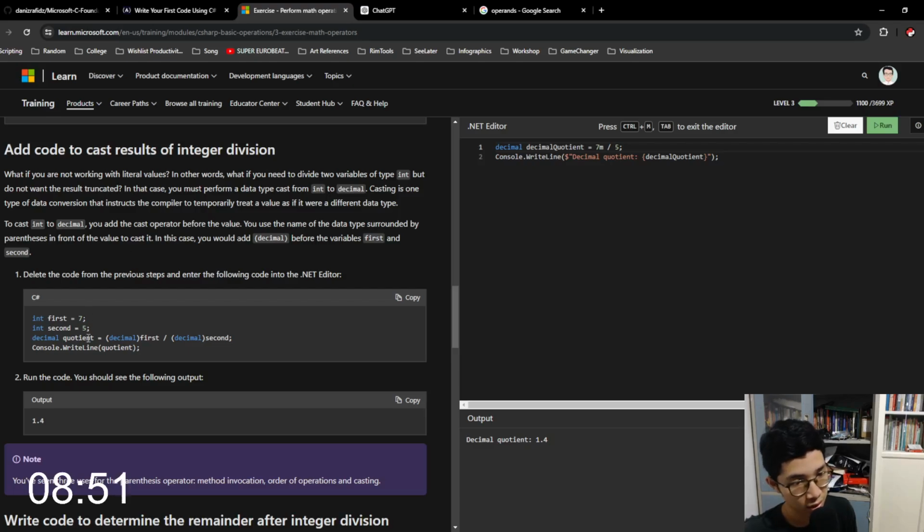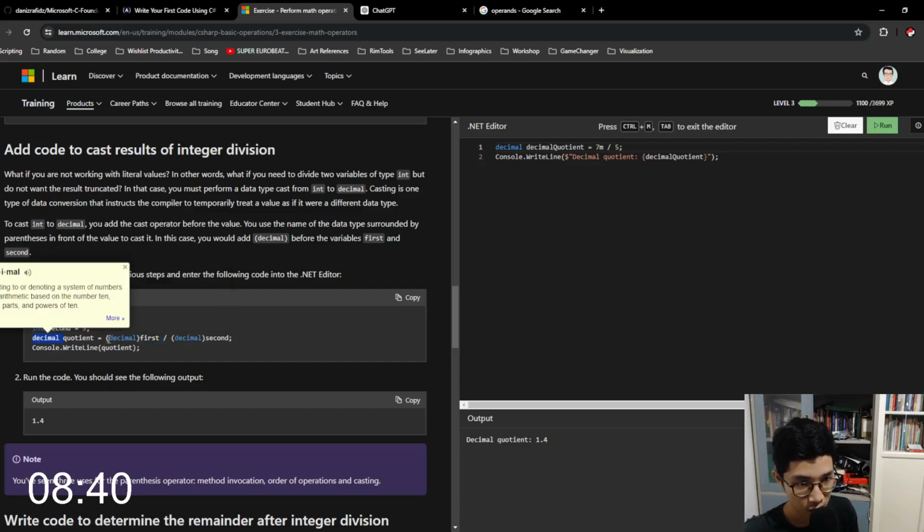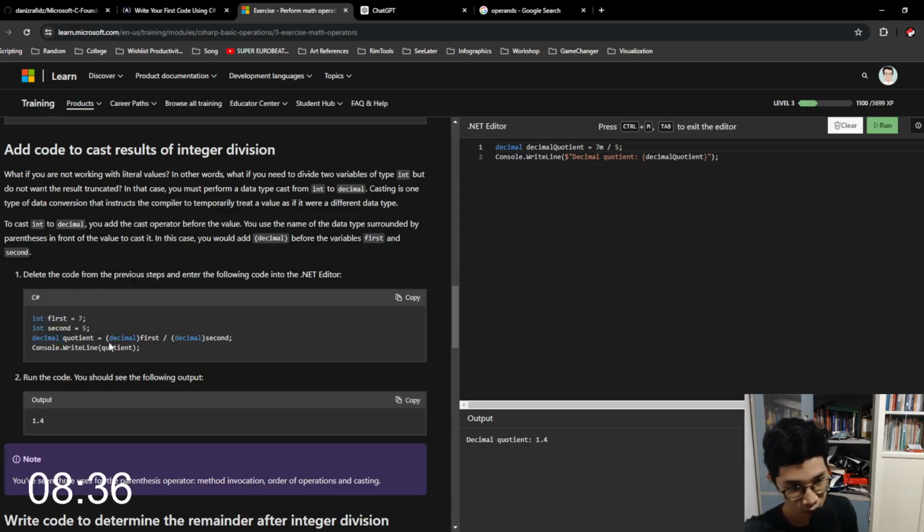Casting in this context means conversion from integer to decimal. The way it works is like this in the example.